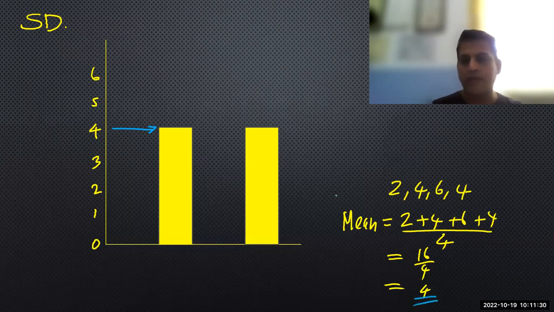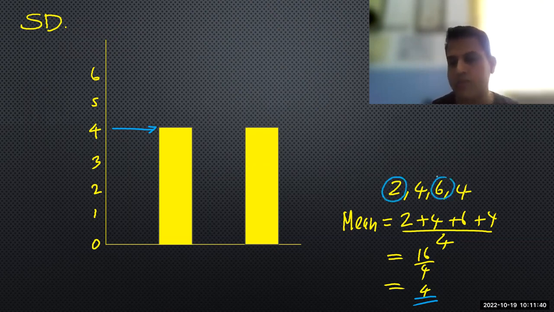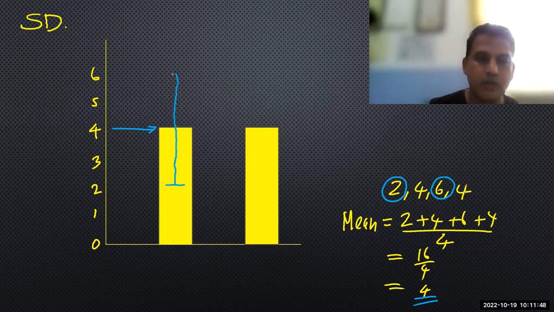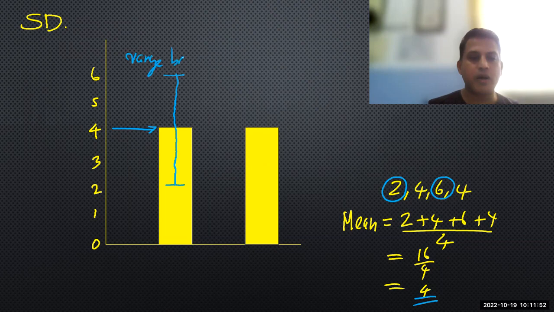Now I want to show the other data on the same graph. I use the range bar. The range bar is the minimum data and maximum data, the difference between the minimum and the maximum data. So here is 2 and here is 6, and this is called the range bar.